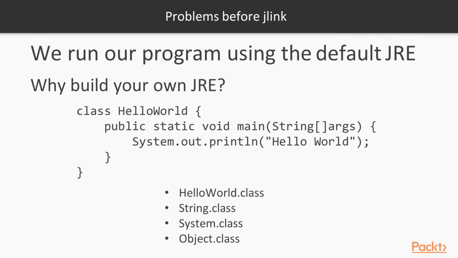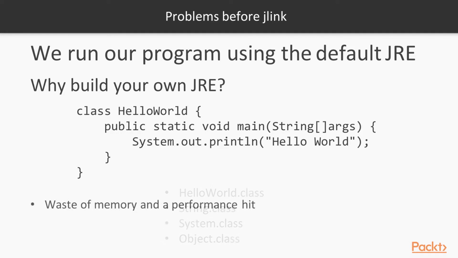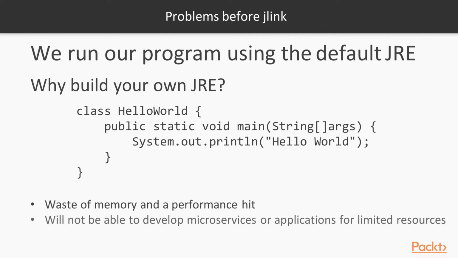So by using the default JRE, it means waste of memory and a performance hit. We will not be able to develop microservices or applications for limited resources devices effectively that contain very little memory, not suitable for IoT devices. So, Java was not the best choice for microservices and IoT devices in terms of reliable configuration and scaled down systems. But that was only the problem through Java 8.